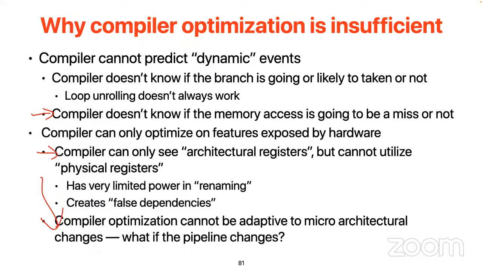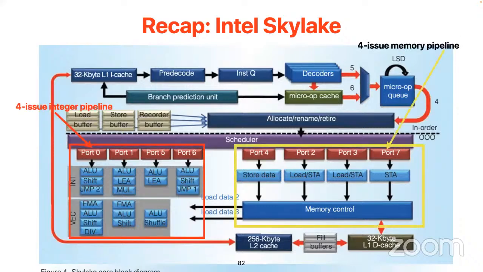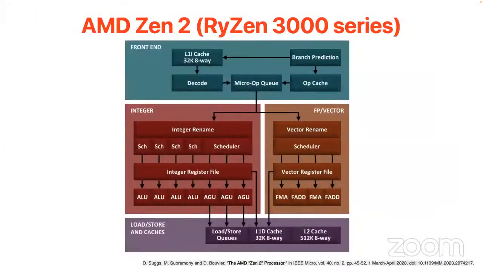And after you recompile the code, it probably won't work with old processors. So it's very limited in practice in a lot of cases. So that's why we need hardware optimizations. And in fact, modern processors like Intel processors or AMD processors all have the hardware optimizations that we mentioned.